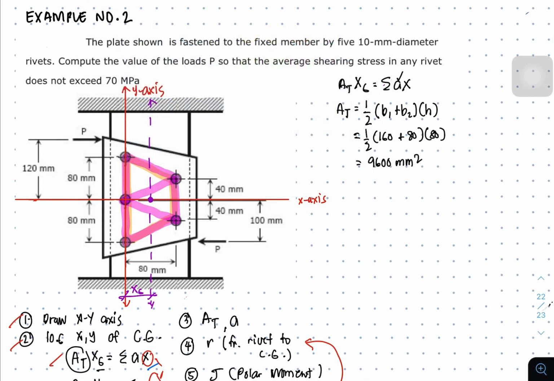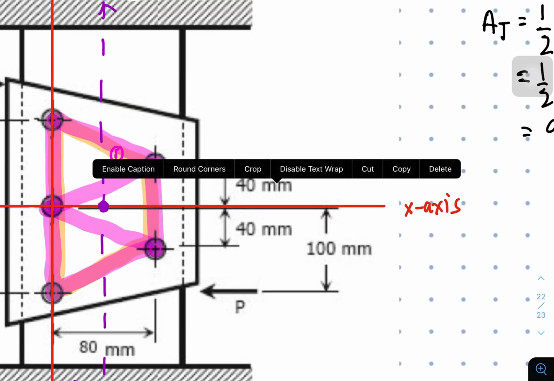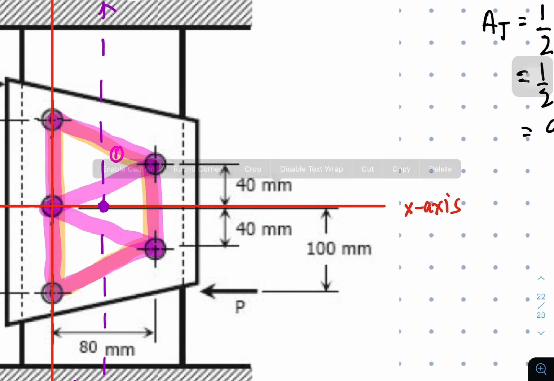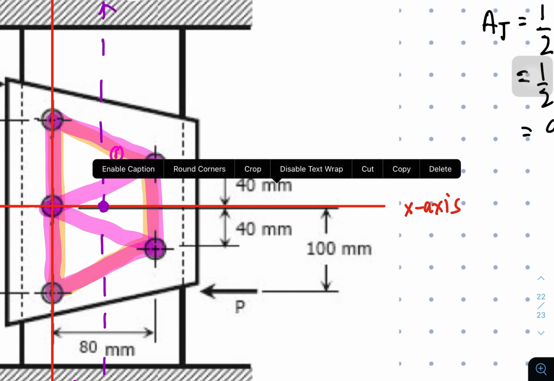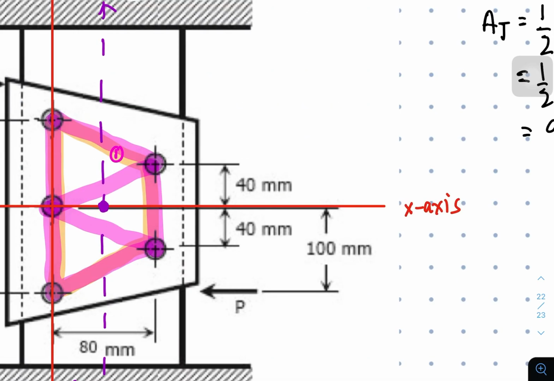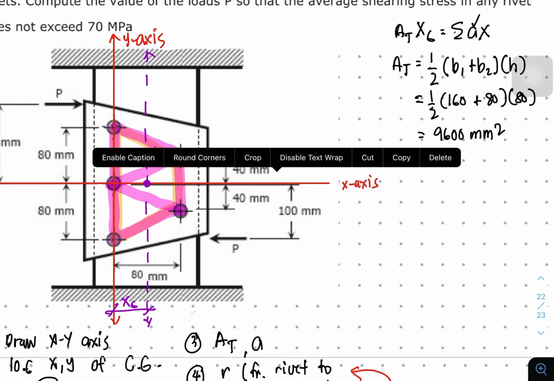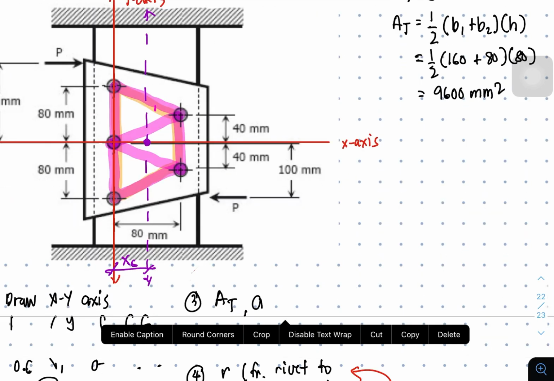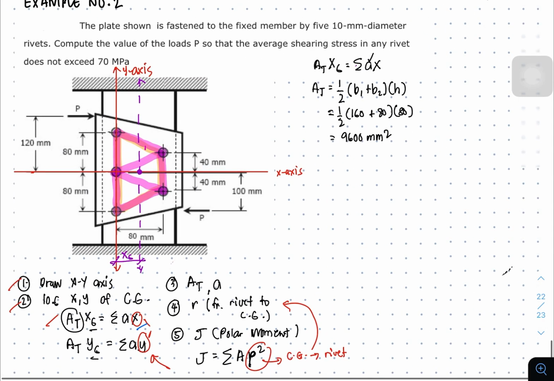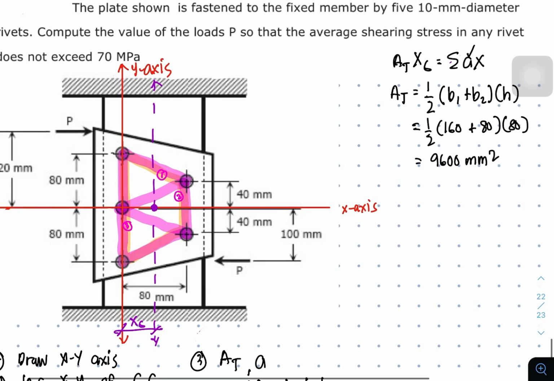So we can simply name this as triangle 1, triangle 2, so for this one, triangle number 2. Sorry for the error, we have here triangle number 1. Again, sorry for the error. We have triangle number 1, triangle number 2, and triangle number 3.